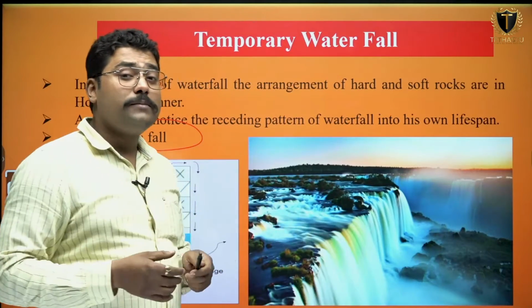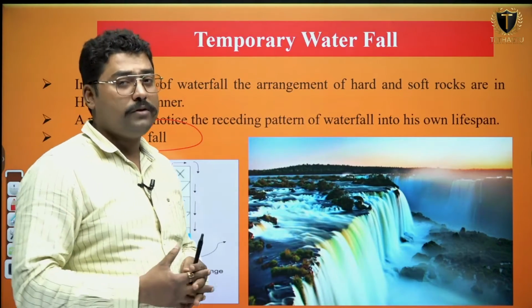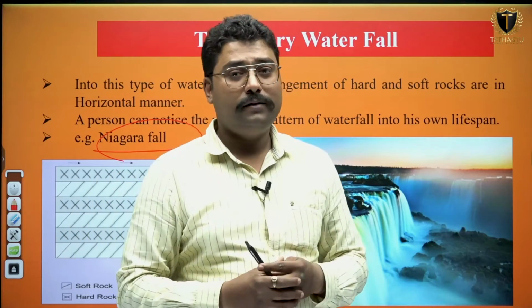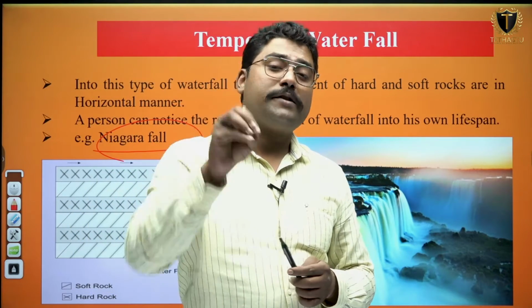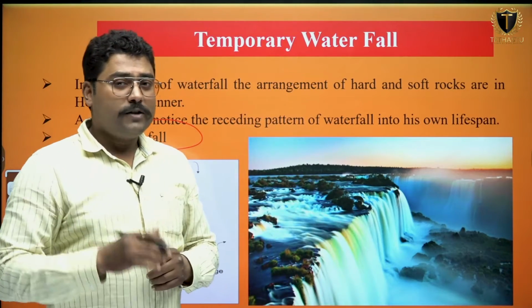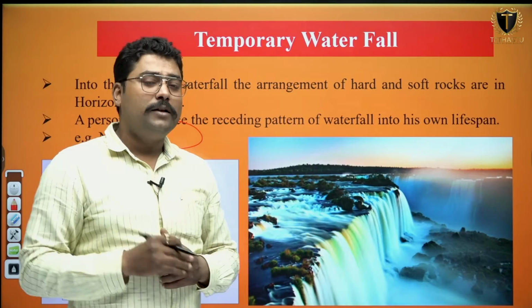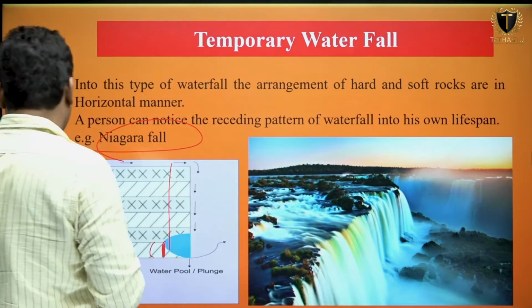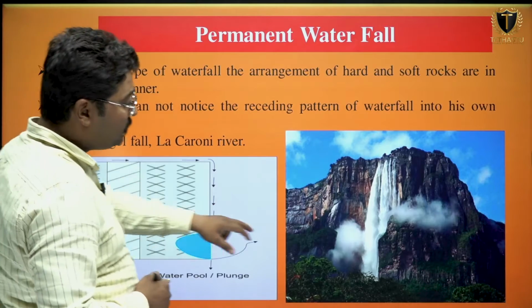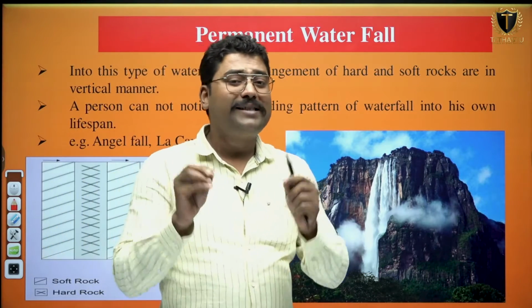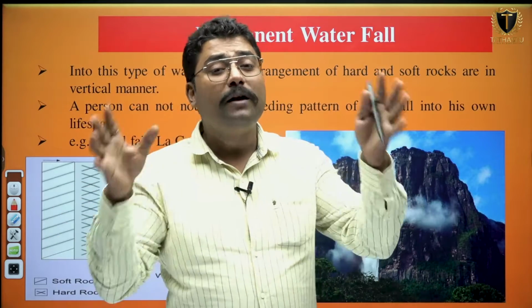Now the question comes, sir, how are we going to figure out whether a particular waterfall is temporary or permanent if we go for the first time? In the permanent waterfall, the erosion will be of particles. So you will find over the pool or plunge, meaning the base of the waterfall, only pebbles and sediments, and the pool will be clear of bigger rocks.